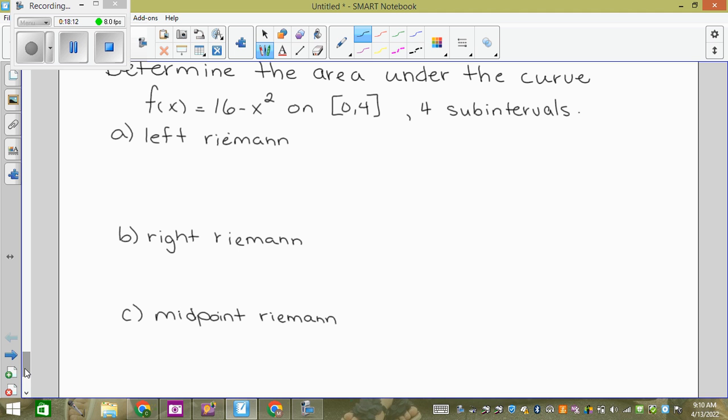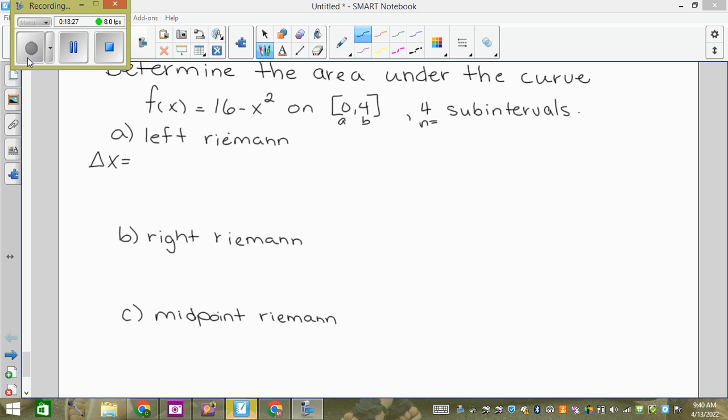Okay, there's your question. I want left, right, midpoint, trapezoid. So, left Riemann sums. We still have to figure out the change in x for all of these. So the change in x is going to be, this is my a, this is my b, that's my n. So 4 minus 0 divided by 4. So I was really nice and I gave you 1. Then I like doing a number line, so I know what my values are.